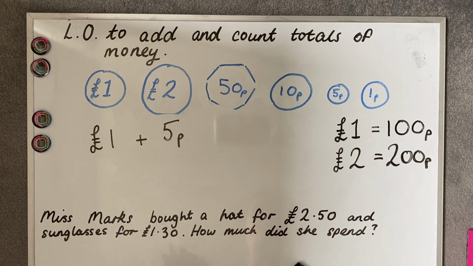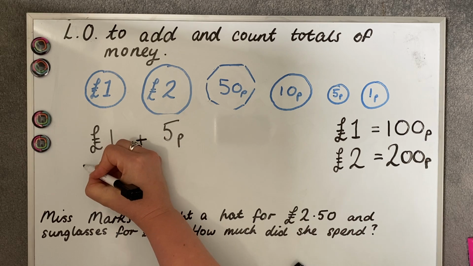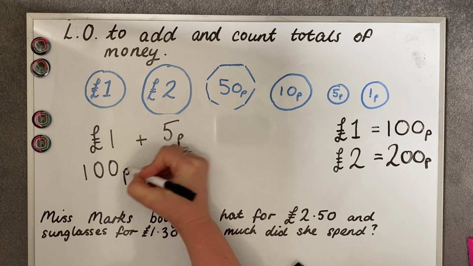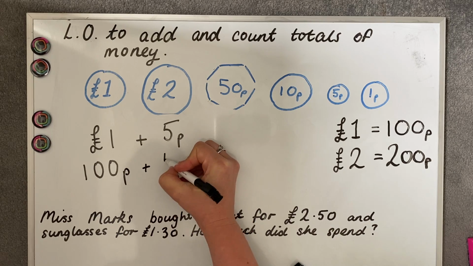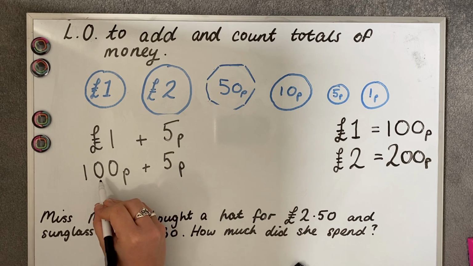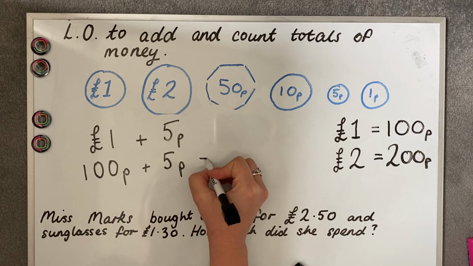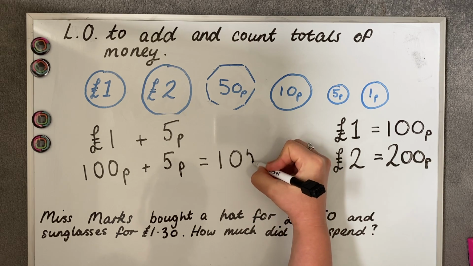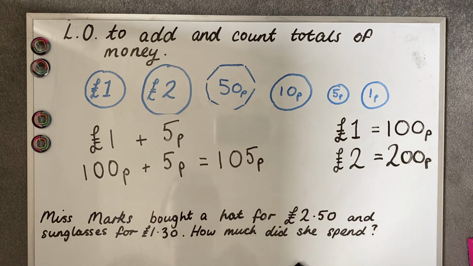How many pennies are in £1? That's right, it's 100 pennies. So underneath we write down our new sum, 100p plus 5p. What does that equal? 100 plus 5 is 105p.